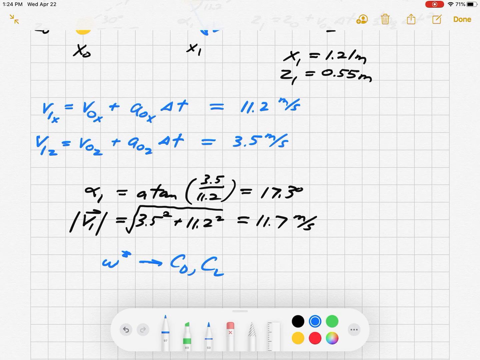So I think the hope would be that the omega star value is not changing too much over the trajectory, that you can just kind of hold CD and CL constant, at least for an initial quick calculation. And then you could go back and check that parameter to see whether it was changing enough that you should actually change it, okay? So that's kind of the whole deal there.